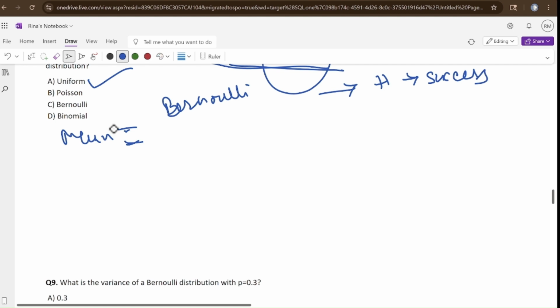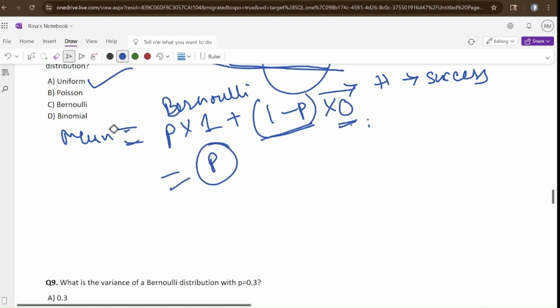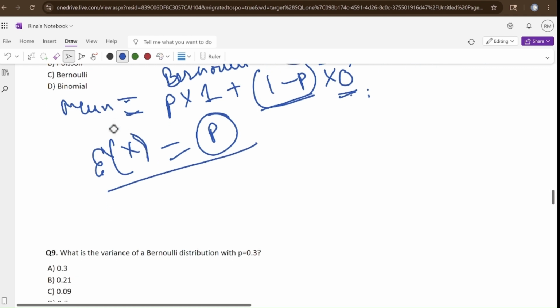So your mean value will be P into 1 plus not getting success, so 1 minus P into 0. Not getting success means 0. So 1 minus P probability into 0 equal to 0. So it will be ultimately P. So the mean value is P, or we can say this is the expectation of X. Okay. So if anybody asks you what is the mean value of Bernoulli, you can say P.